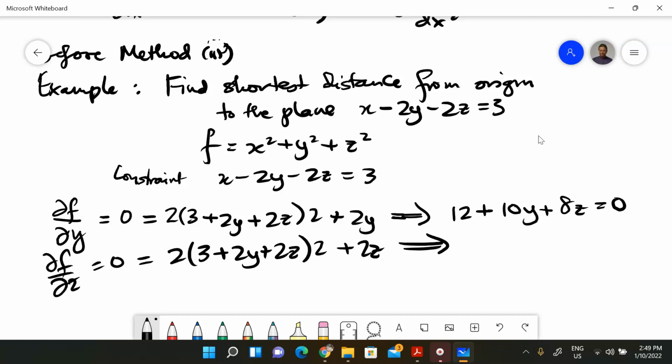We have almost a similar kind of question, but the coefficients for y and z got swapped. And then in order to solve for y and z, you need to solve this simultaneous linear equation.